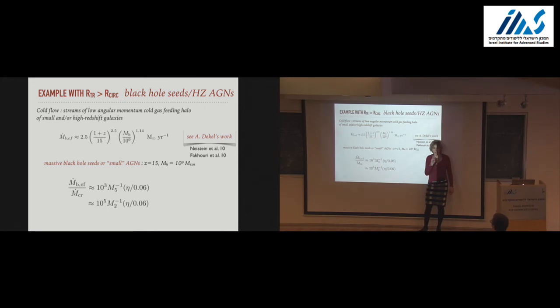So for a small AGN, you are in the hyperaccreting regime. And of course, if you have a supermassive black hole seed, maybe 100 solar masses, then the factor is 10 to the 5.